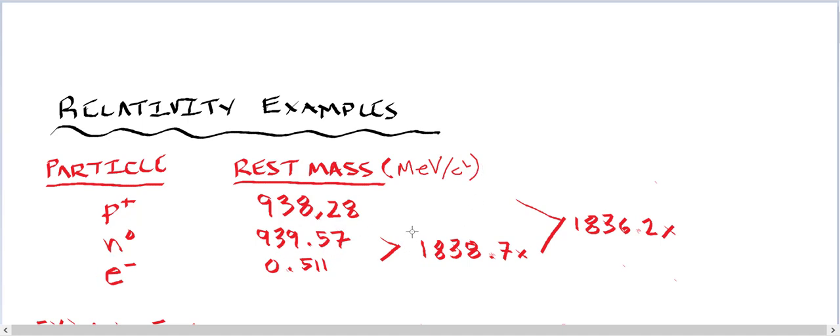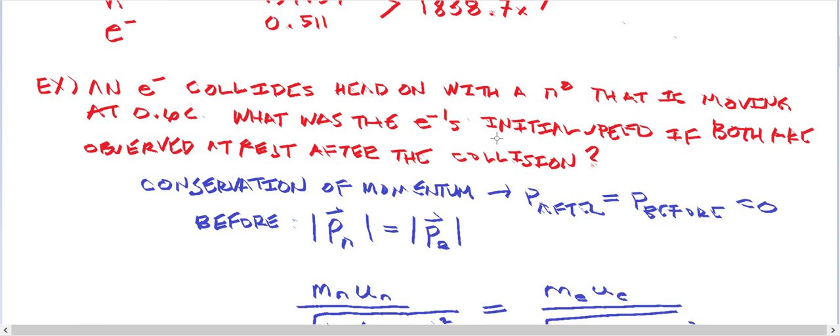Just to put a finer point on this, the mass of the neutron is about 1,838.7 times as massive as the mass of the electron, and the mass of the proton is about 1,836.2 times as massive as the mass of the electron. Okay, so now that we've added that bit of information to our toolbox, let's try some stuff.